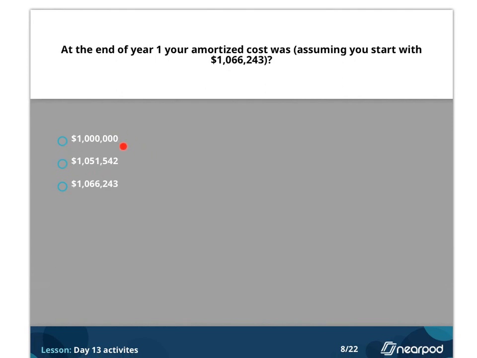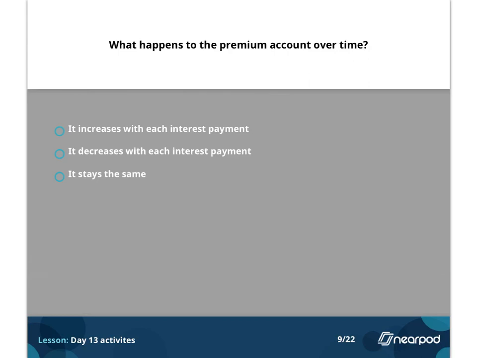That was the end of year 1. What happened to the premium account over time? Just like the discount account, it decreases with each interest payment. So at the end of the bond's life, the premium account has a 0 balance. Same thing with the discount account. It has to have a 0 balance.